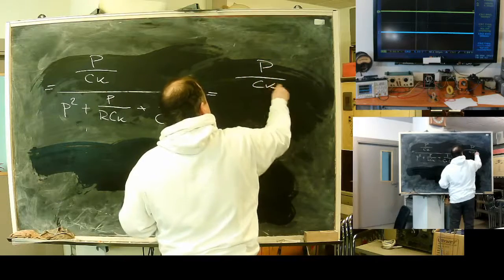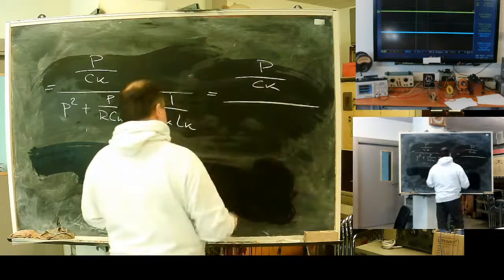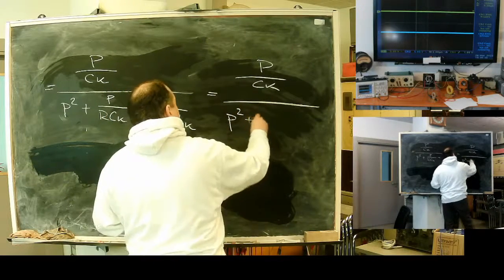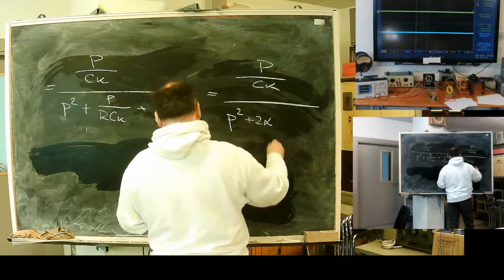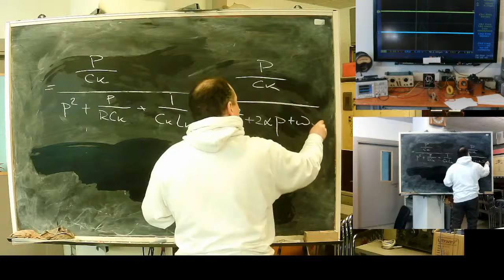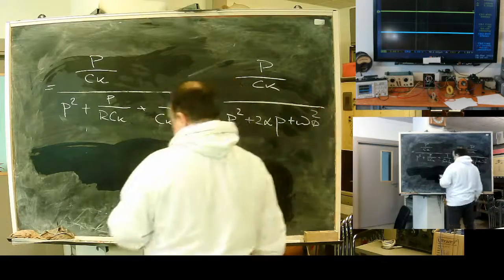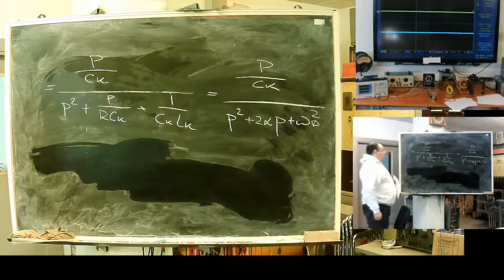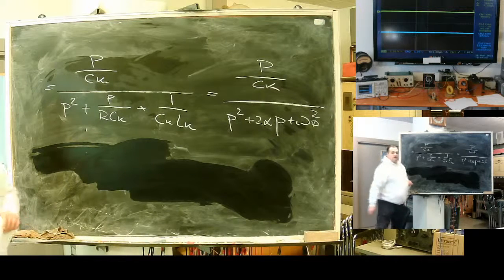P divided by contour capacitance times p squared plus 2 alpha p plus omega 0 squared. Here, omega 0 is a contour resonance frequency.